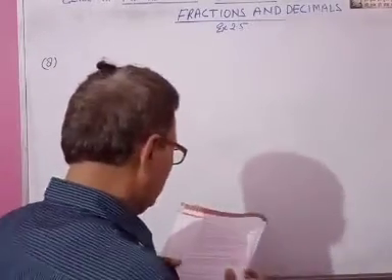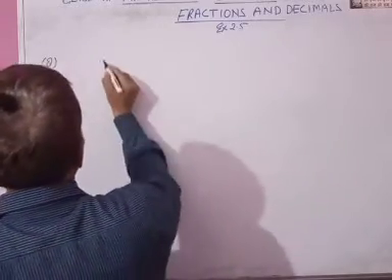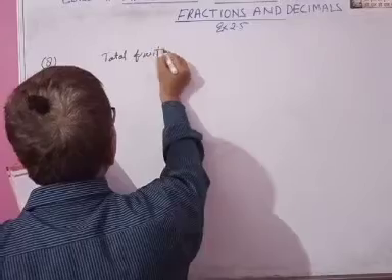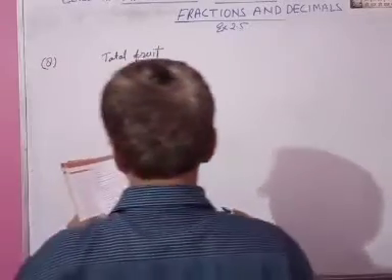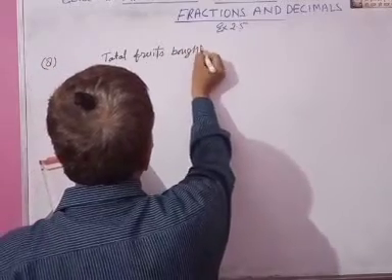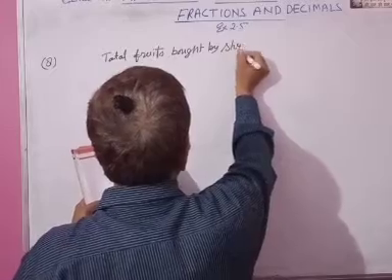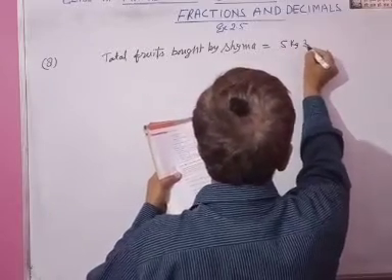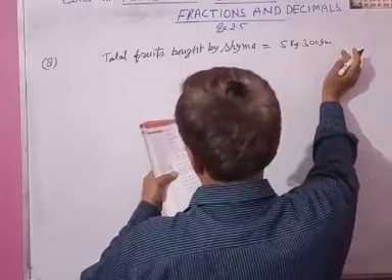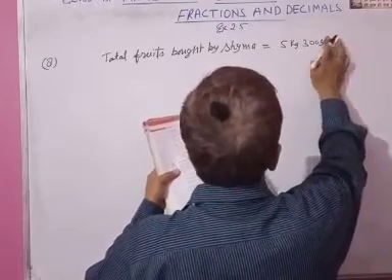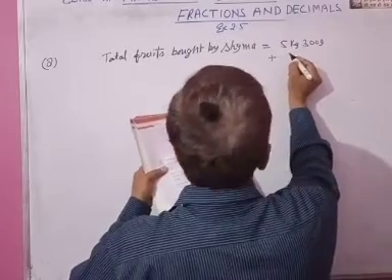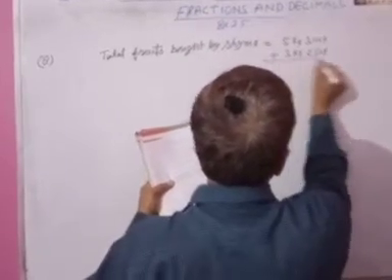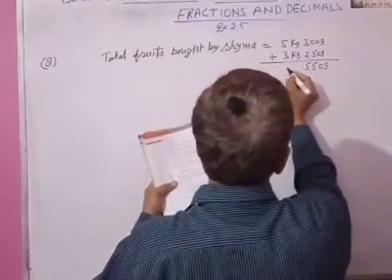Total fruits bought by Shyama equal to 5 kg 300 gram plus 3 kg 250 gram. You will add 0, 5, 5, 8 kg 550 gram.